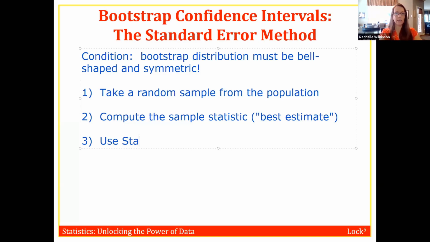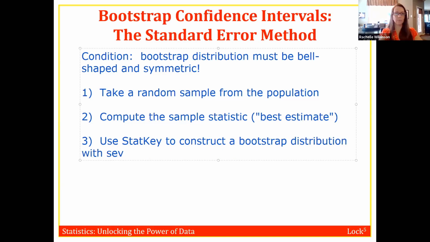So use StatKey to construct a bootstrap distribution with several thousand samples. Then we're going to use the standard error from the bootstrap distribution to construct our confidence interval.